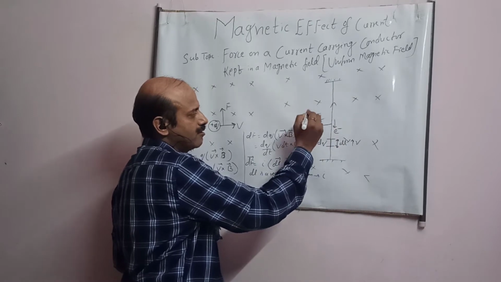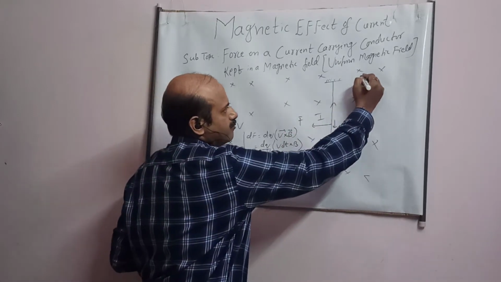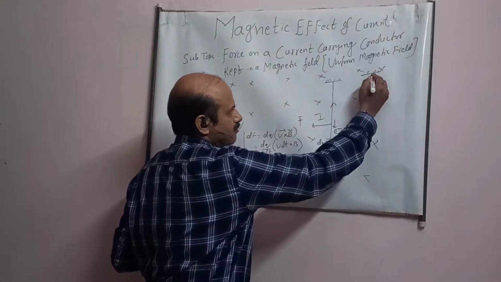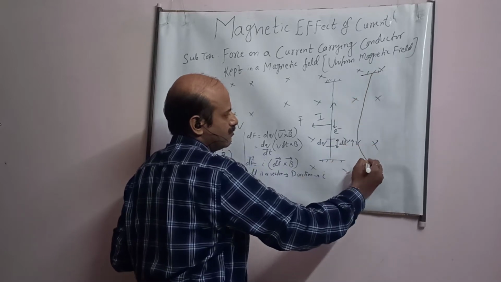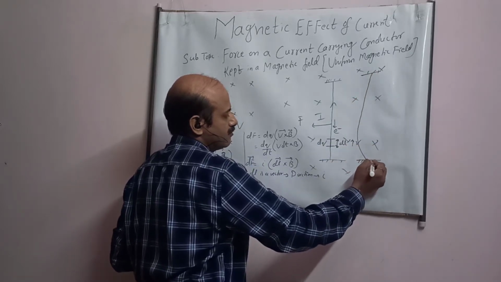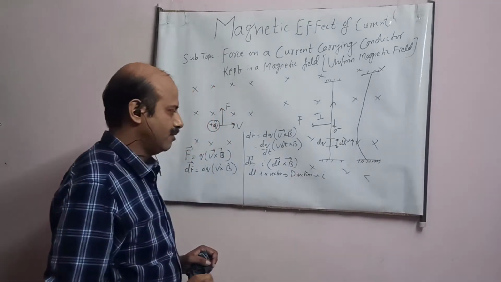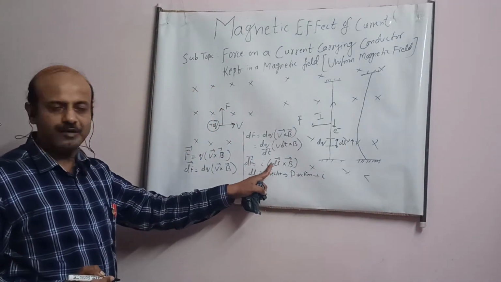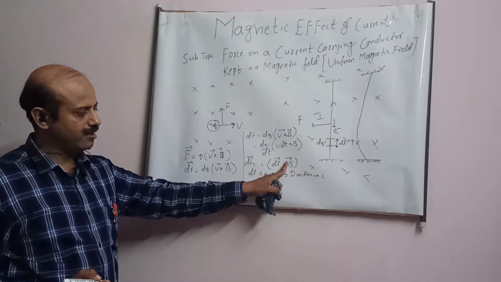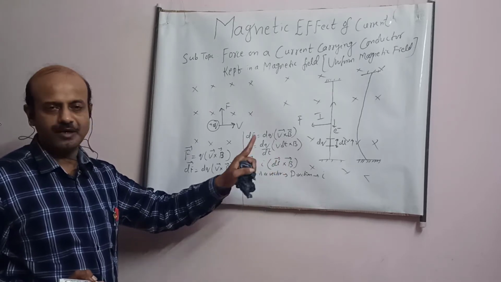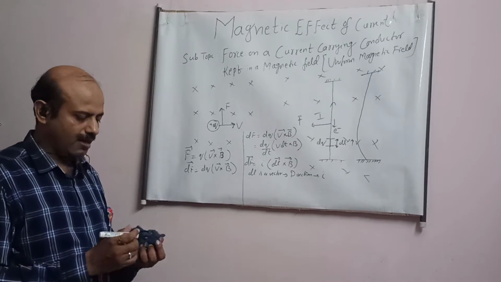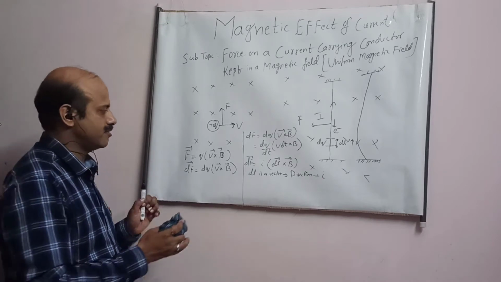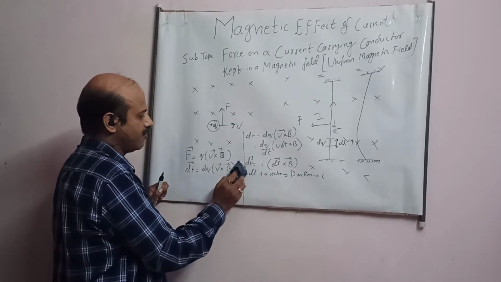So this wire will bend. So this is the basic formula for an elementary current flowing in a particular direction, the force acting on that length. This basic formula you have to remember. Now we will discuss the different cases.